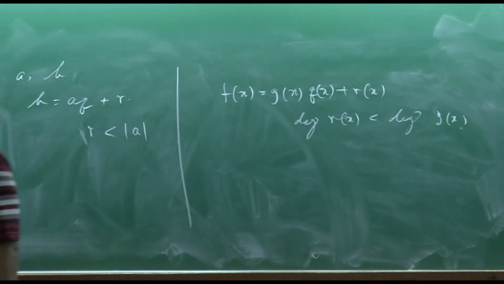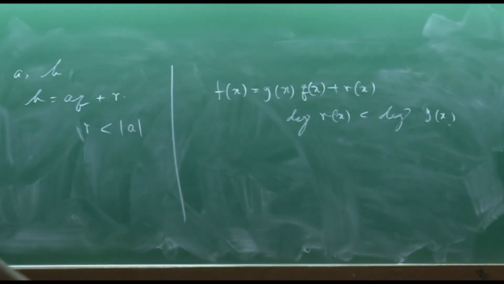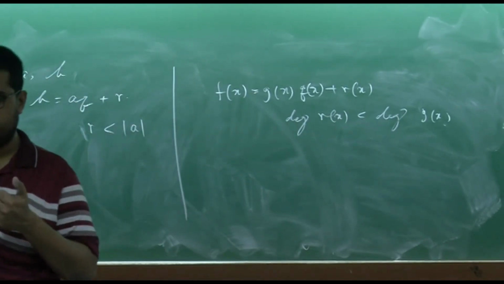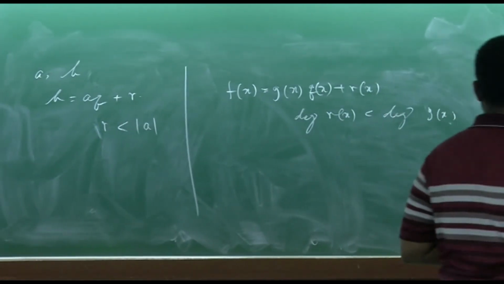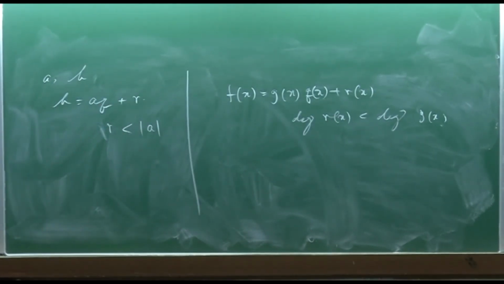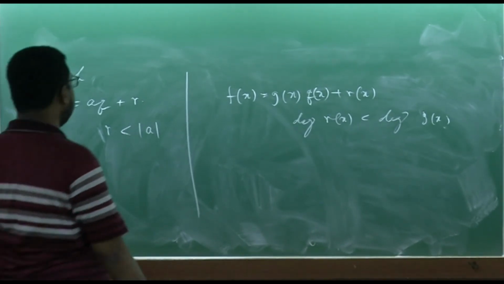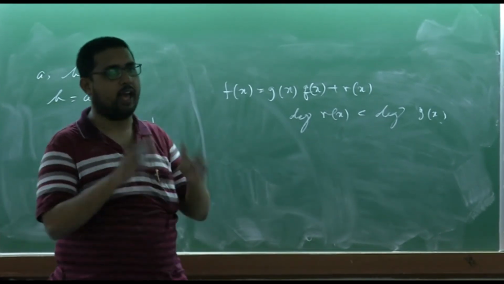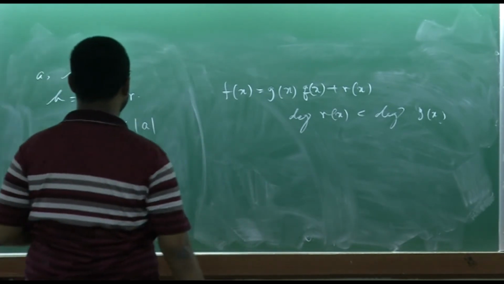The point I want to make is, if the size of the remainder does not decrease, then there is no point in carrying out a division. So, to define a division algorithm in the general setting, we must first define a notion of size of its non-zero elements.